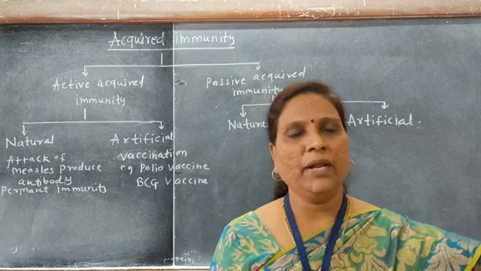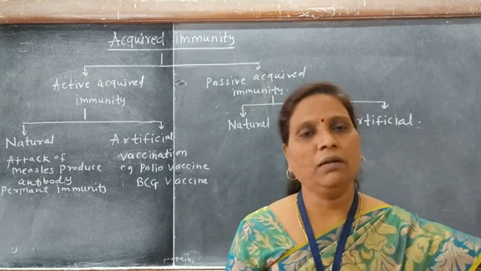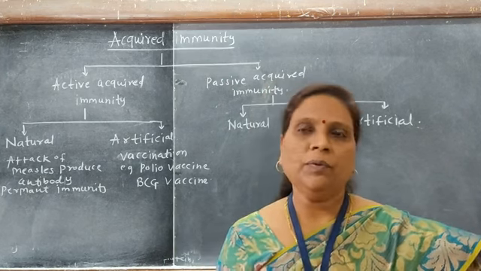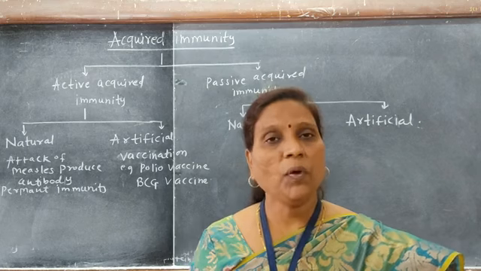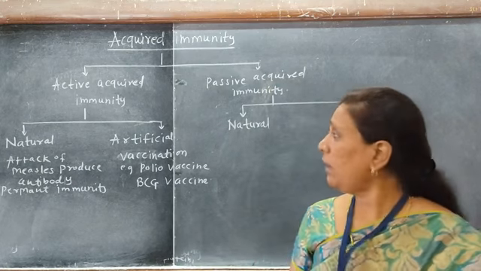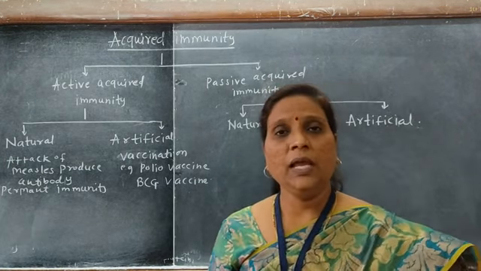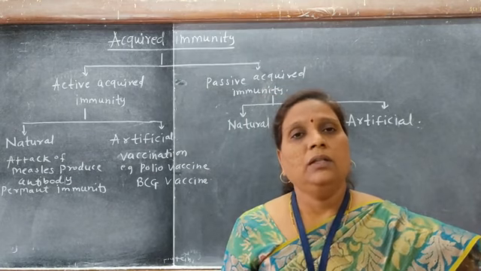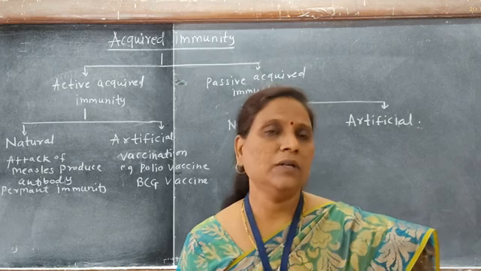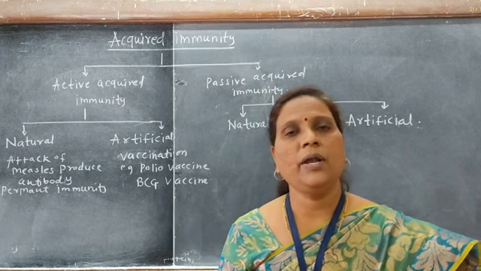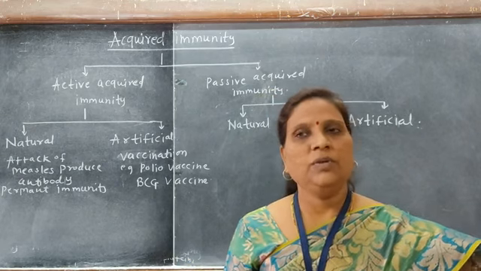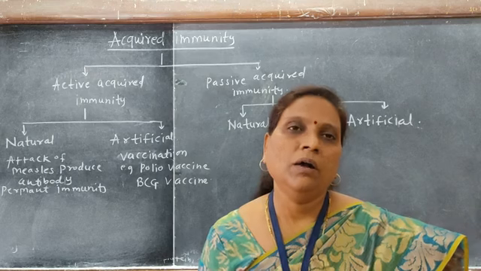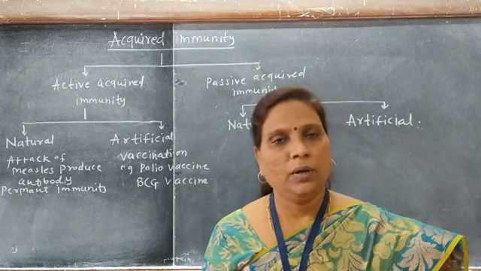In case of the pregnant woman, the mother transmits the antibodies from placenta into the fetus before birth. So this is a naturally passive immunity, and after birth the mother's first milk, called the colostrum, consists of antibodies which are mainly transferred to the baby.